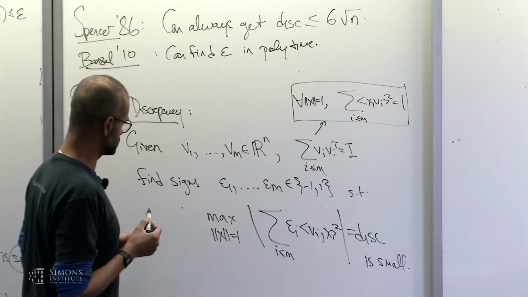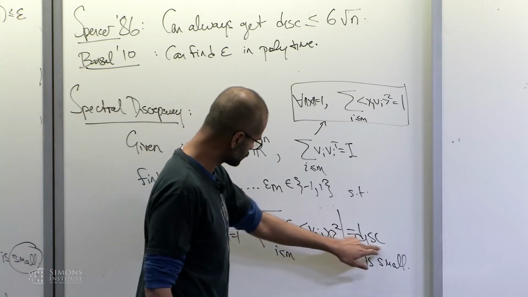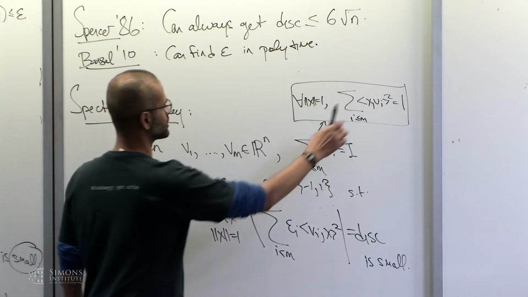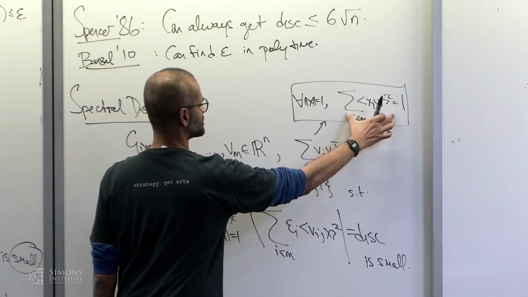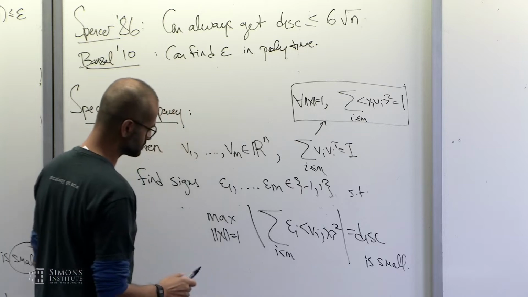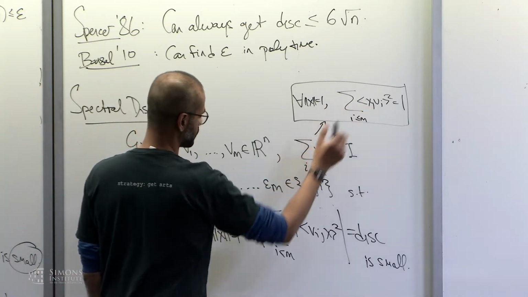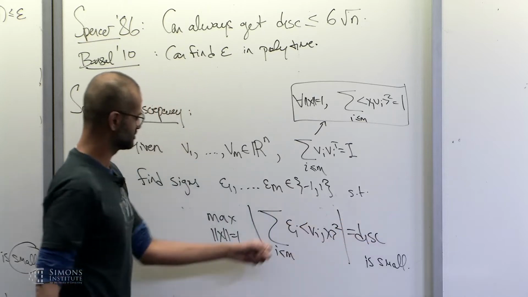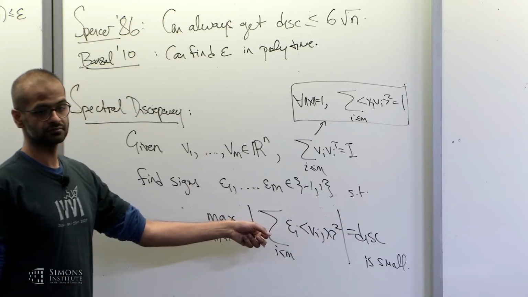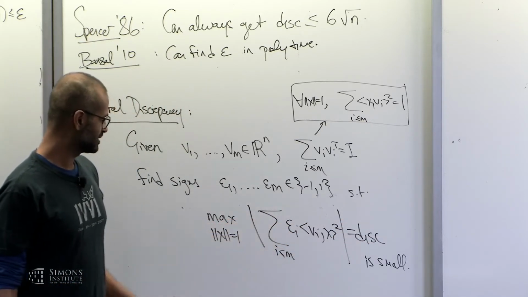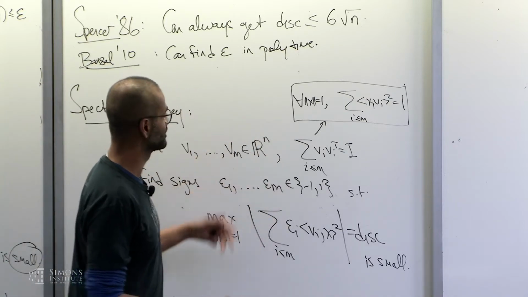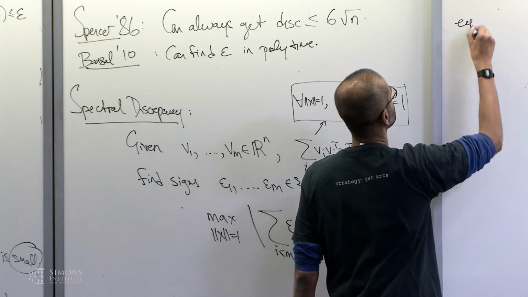Now, what should you be hoping for here in discrepancy? I told you that the original vectors had second moment 1 in every direction. So trivially I can get 1 here, just by setting all the signs to be 1. And in general I actually can't beat 1. As stated, this problem does not have an interesting solution because of this example.